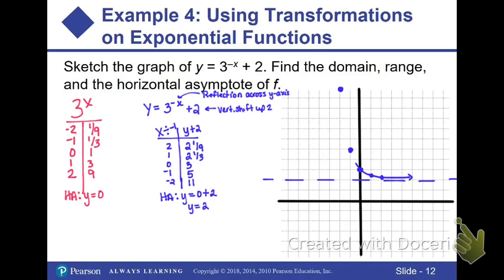Make sure you don't cross that horizontal asymptote. And put arrows on both ends.